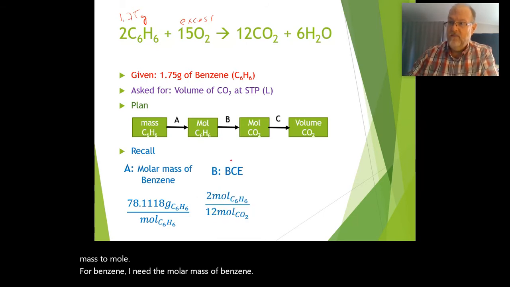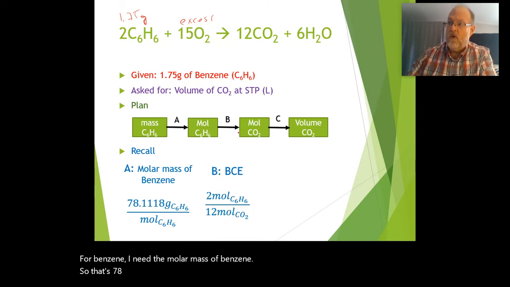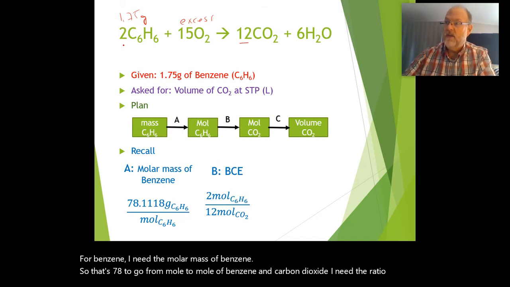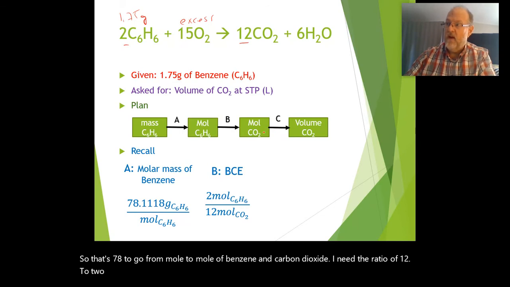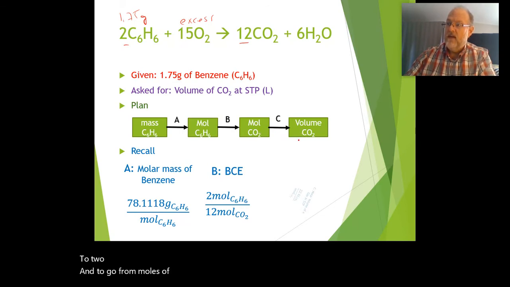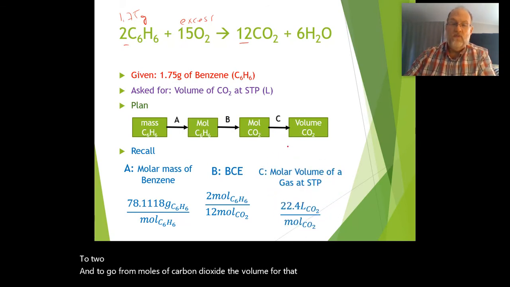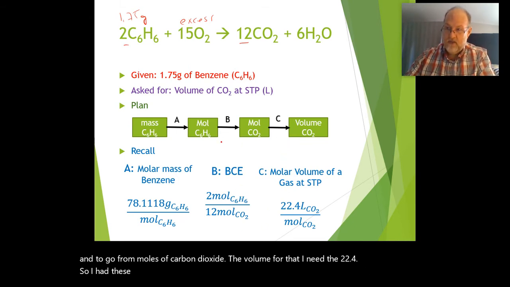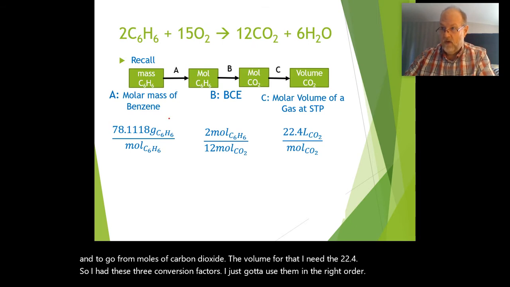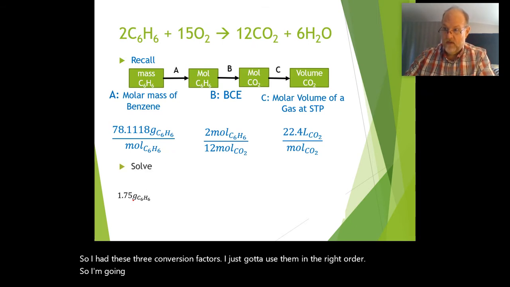That's 78. To go from mole to mole of benzene to carbon dioxide, I need the ratio of 12 to 2. And to go from moles of carbon dioxide to volume, I need the 22.4. So I have these 3 conversion factors. I just have to use them in the right order. So I'm going to start with what's given to me, 3.75.